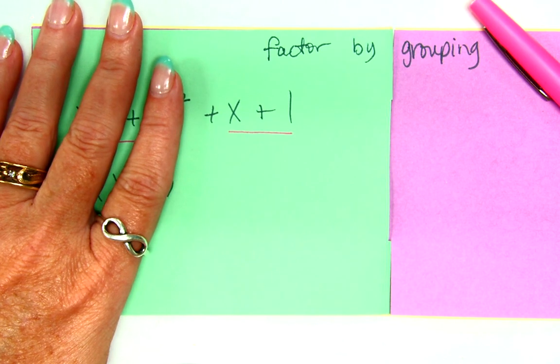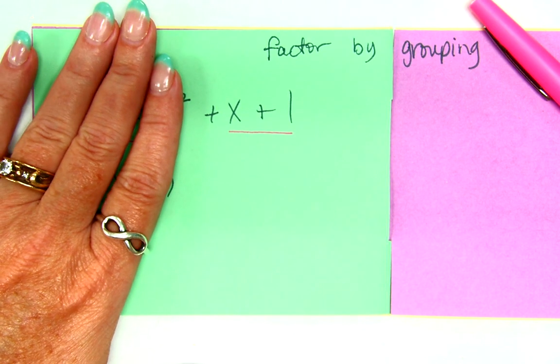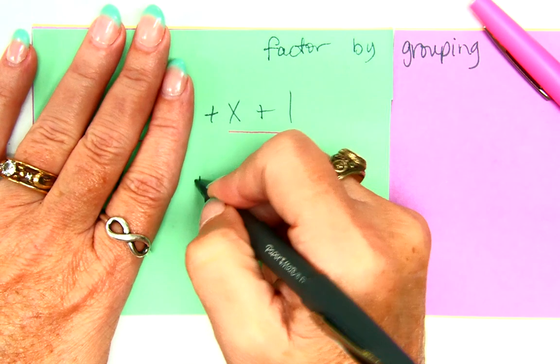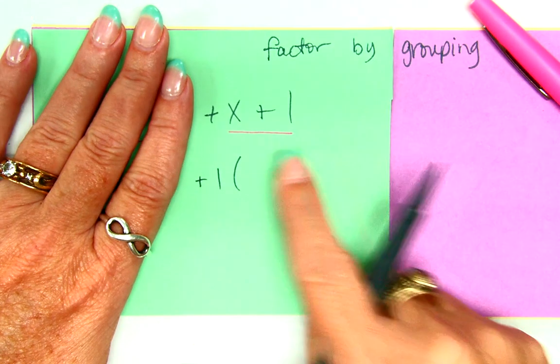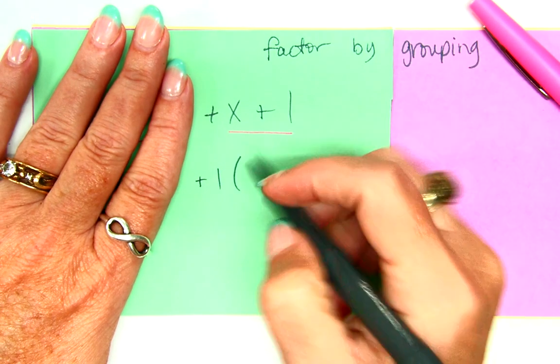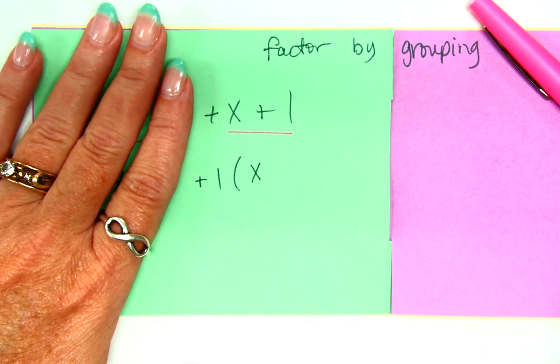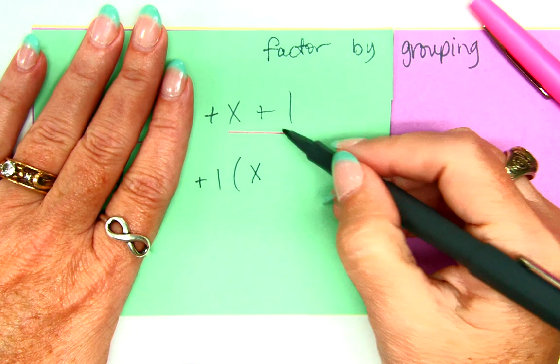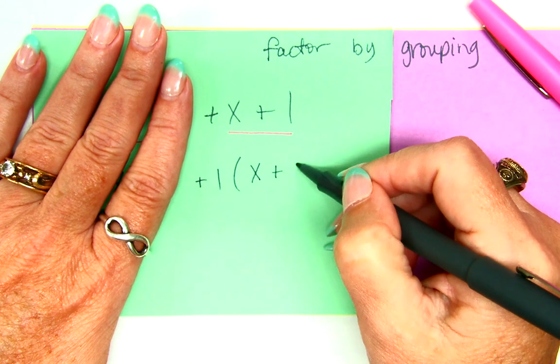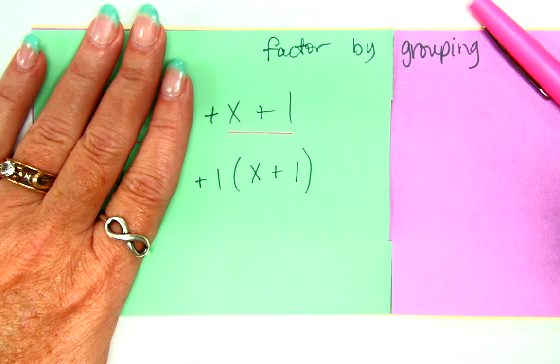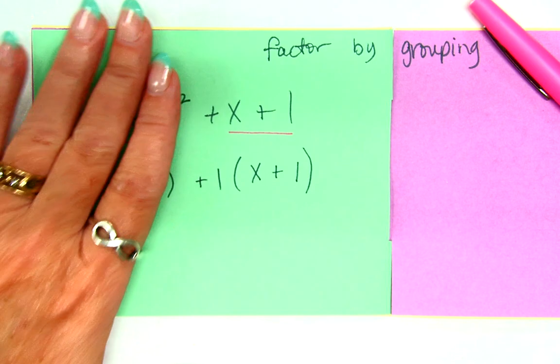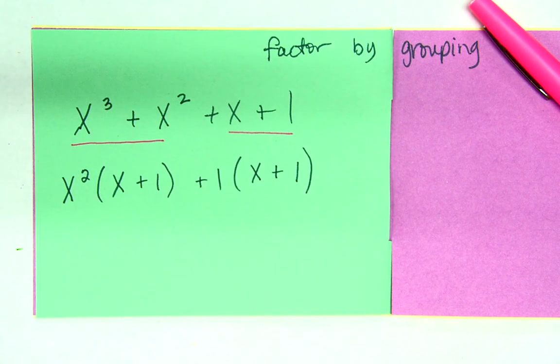But when we're factoring by grouping, we do. Okay? So I'm going to factor out a 1. Well, what's left if I divide x by 1? X, because anything divided by 1 is itself, right? And what's left if I divide a 1 by 1? 1. Okay so far?